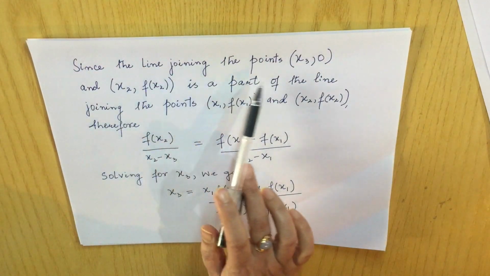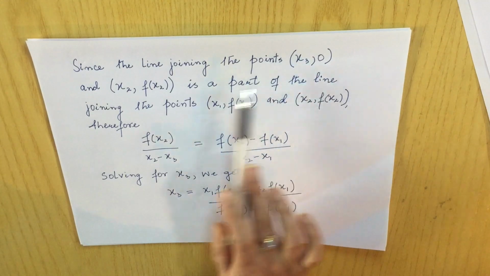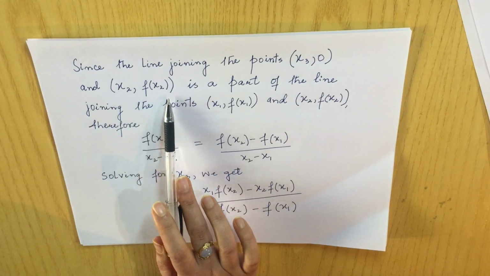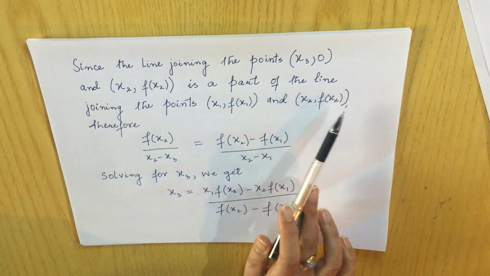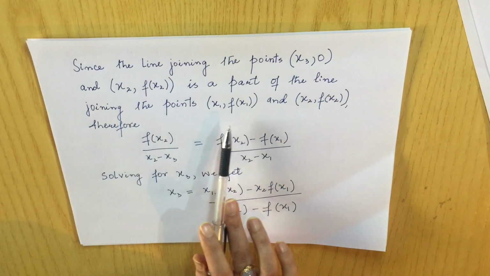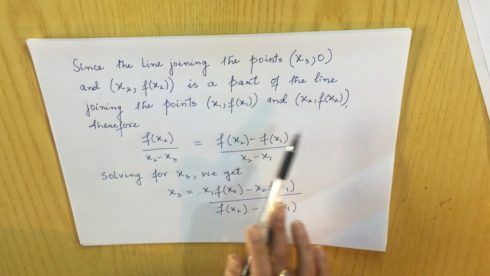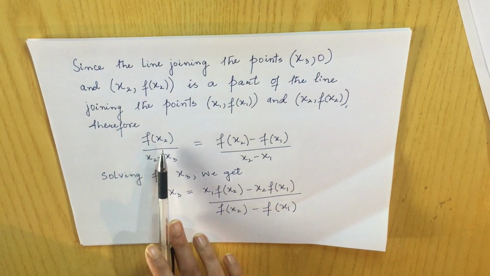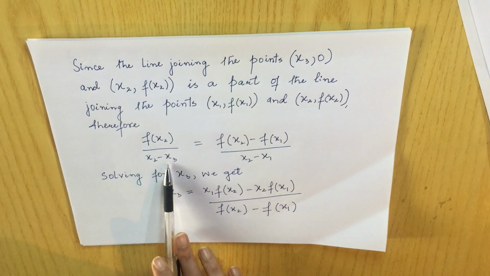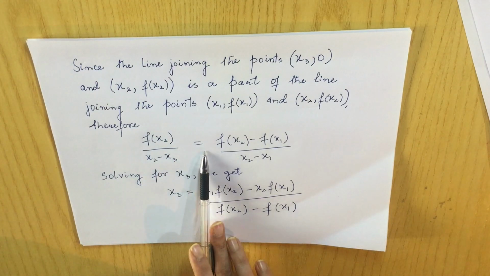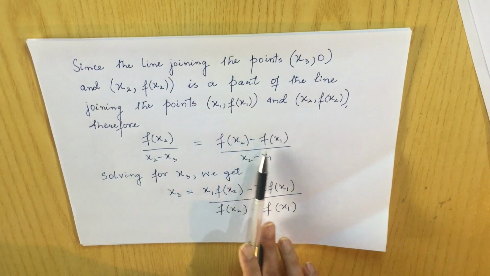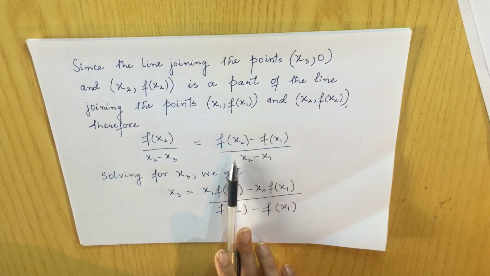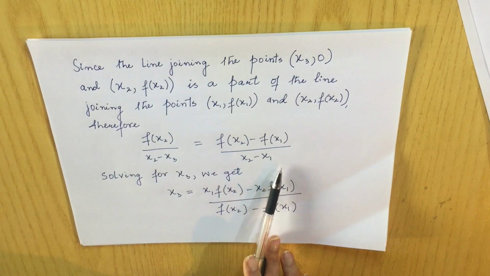Since the line joining x3, 0 and x2, f of x2 is a part of the line joining x1, f of x1 and x2, f of x2, f of x2 divided by x2 minus x3 equals f of x2 minus f of x1 divided by x2 minus x1.